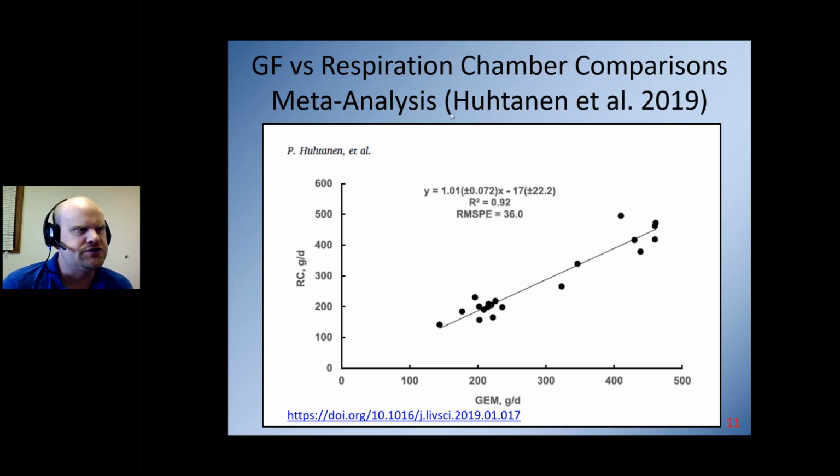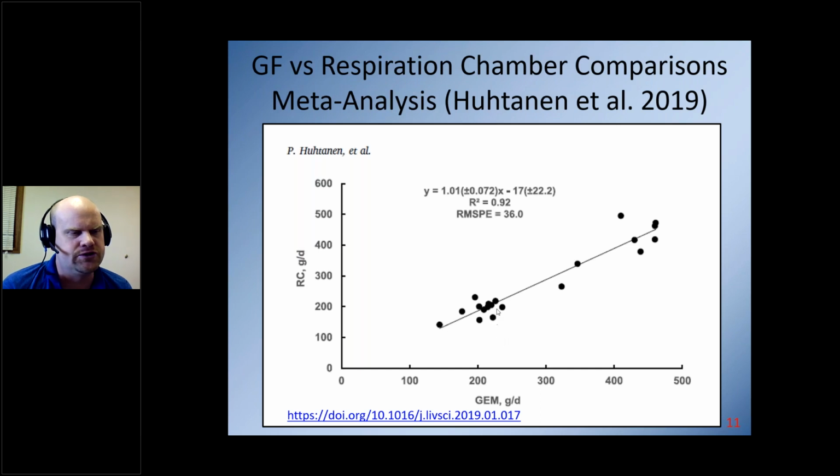But anyways, in a meta-analysis of chamber comparisons, emissions are measured with GreenFeed, and then the animals are put into the chamber and their emissions are measured. Huttunen published this plot of GreenFeed results in terms of grams per day, and these would be herd average results compared to respiration chamber results.